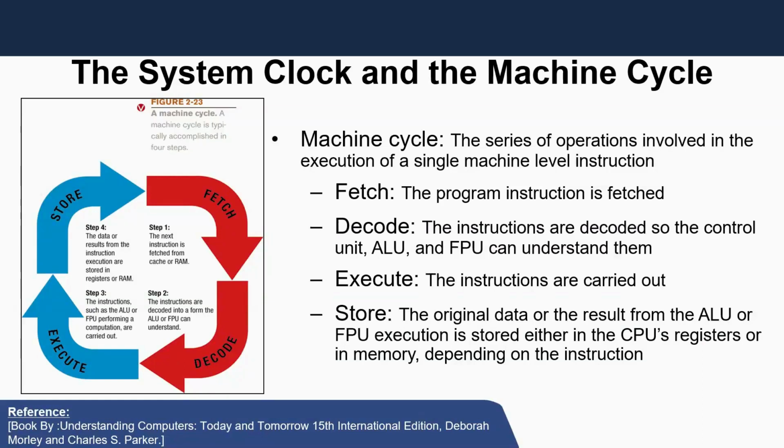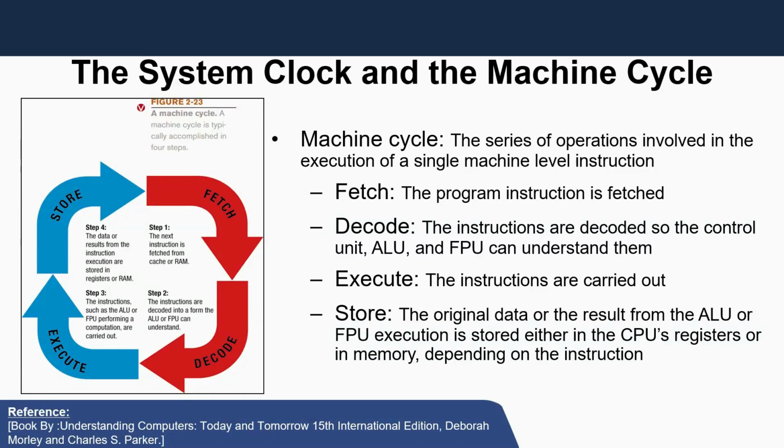Then the decode unit comes. It will decode the instructions that are fetched, translating them into something that can be fed to different parts of the CPU, for example the ALU and FPU. Then these parts, the ALU or FPU, will execute those instructions. Whatever we have instructed them to do, they will perform that operation.